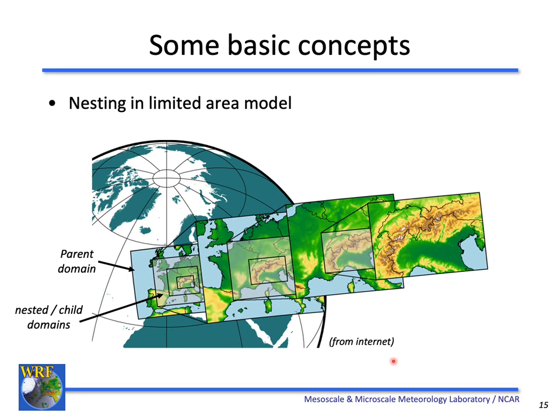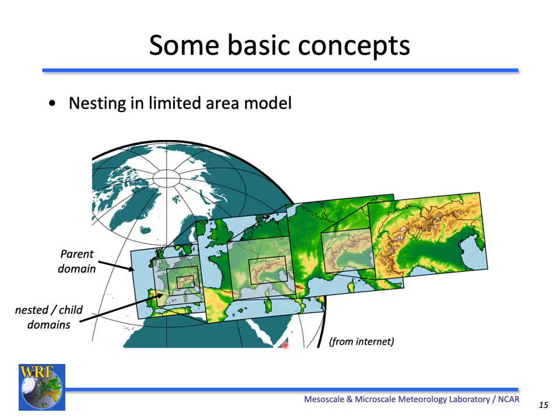Within the limited area model, one can add another domain with high resolution, a method referred to as nesting. One can think of nesting in a limited area model in some similar way to a LAM in a global model. The difference is that a nest domain in LAM is run together with its parent domain, and therefore its boundary values are provided by the parent domain at every parent domain time step.